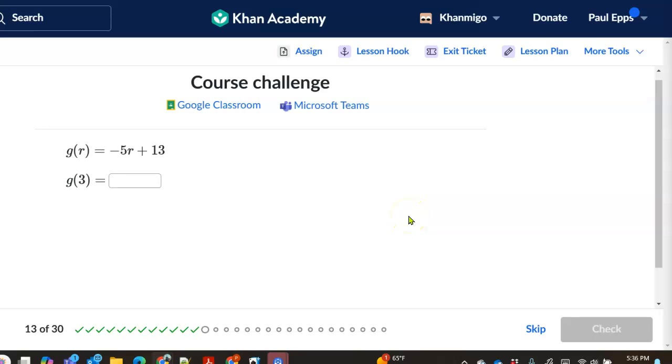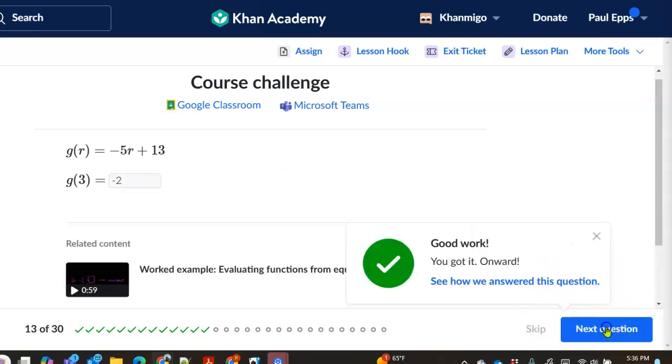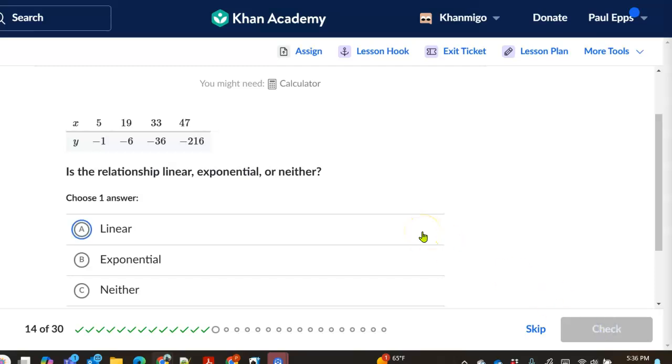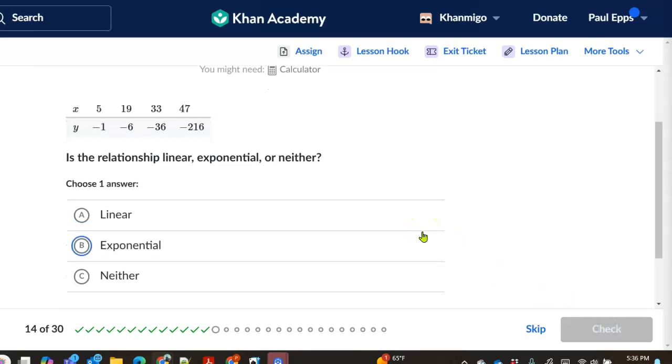G of r equals negative 5r plus 13. G of 3 is negative 15 plus 13, which is negative 2, right? Is the relationship linear, exponential, or neither?